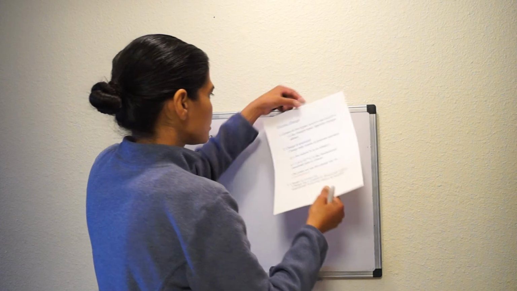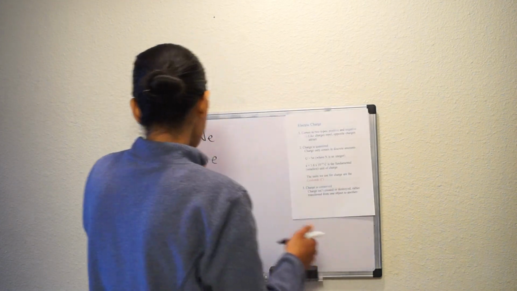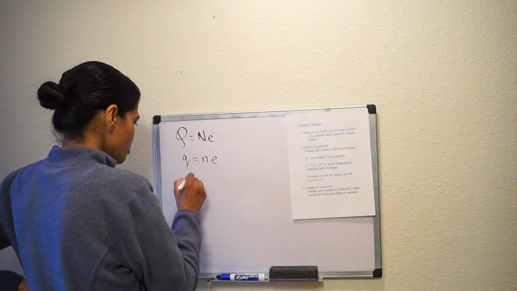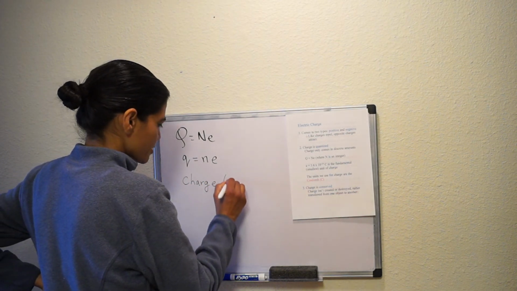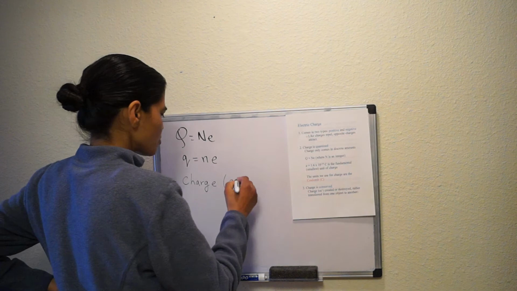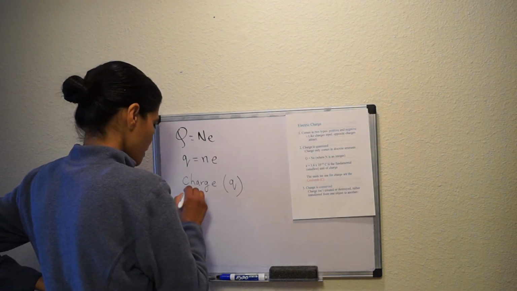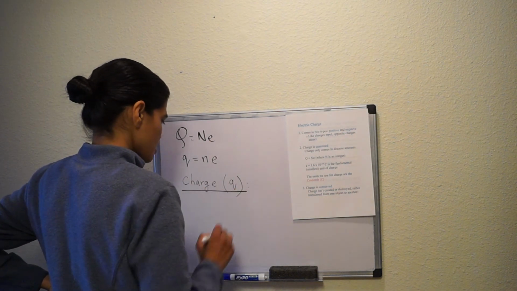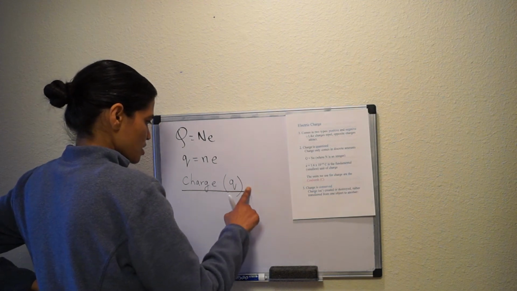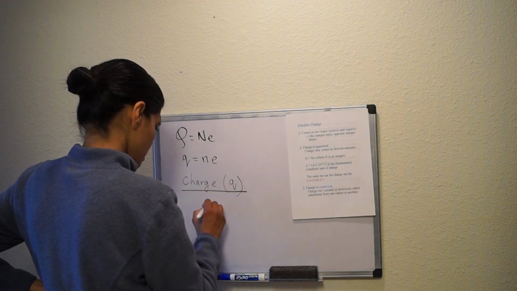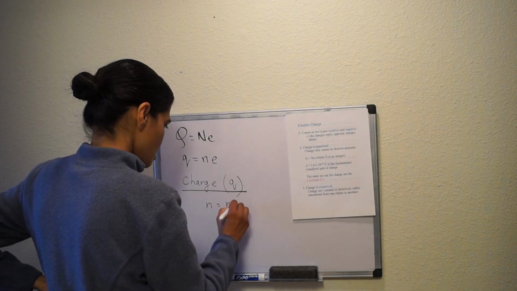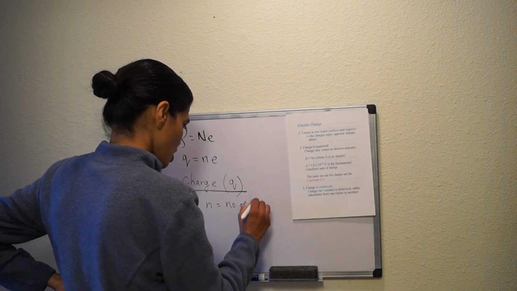So here, charge is usually represented by lowercase q, but you can also represent it by uppercase Q. Just look at the context, okay. So charge is represented by the letter Q. N is a number of charges.